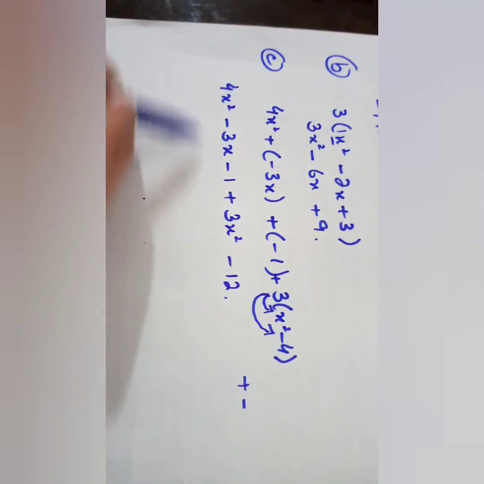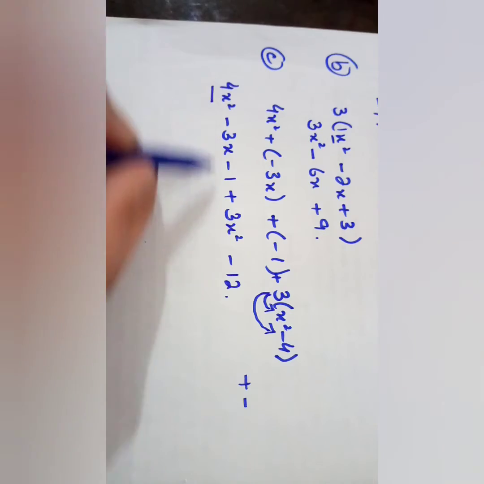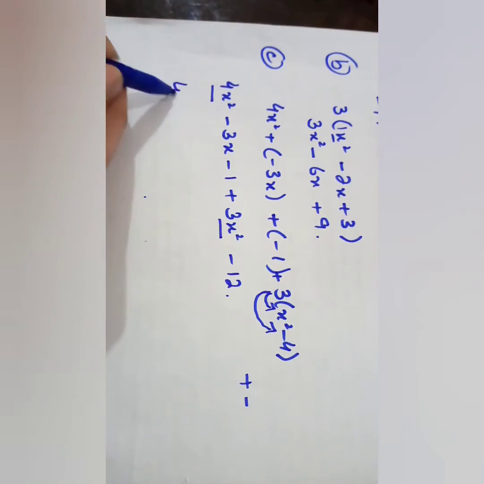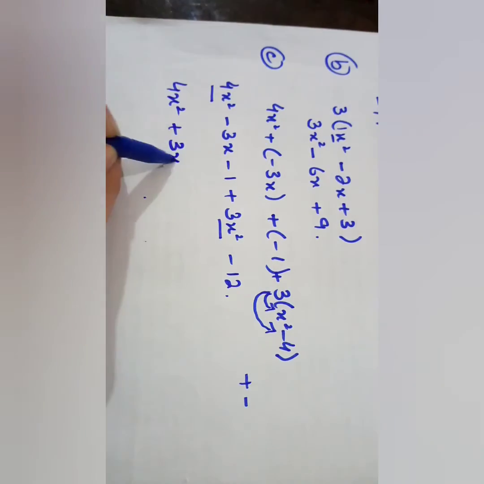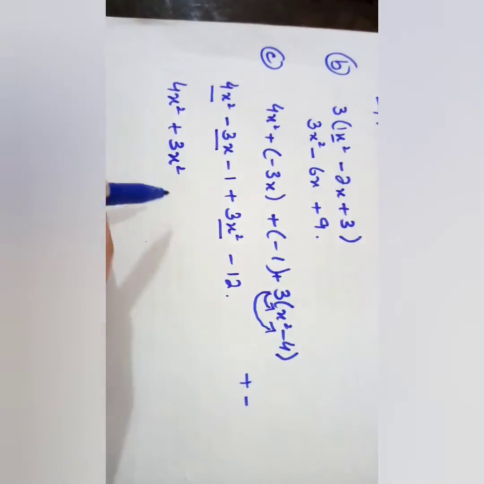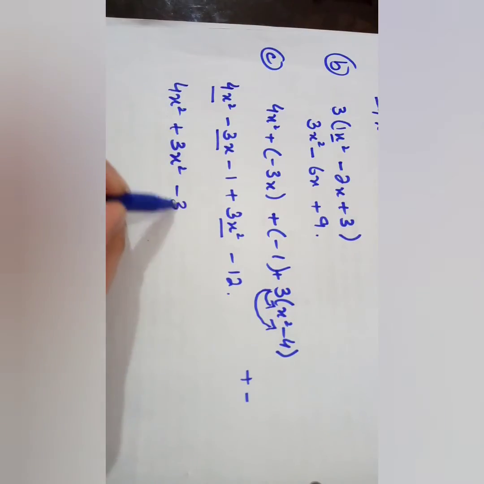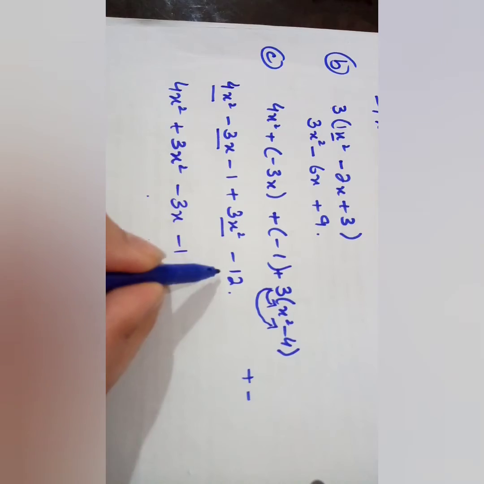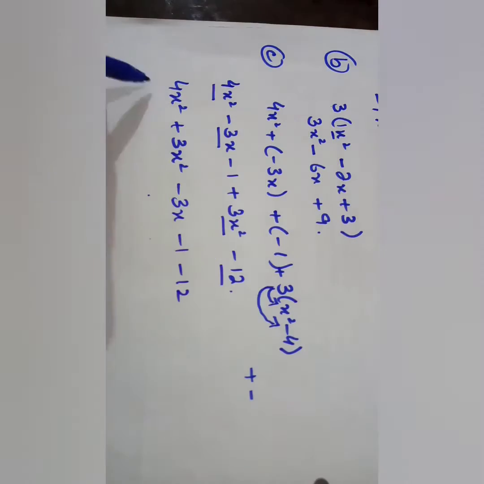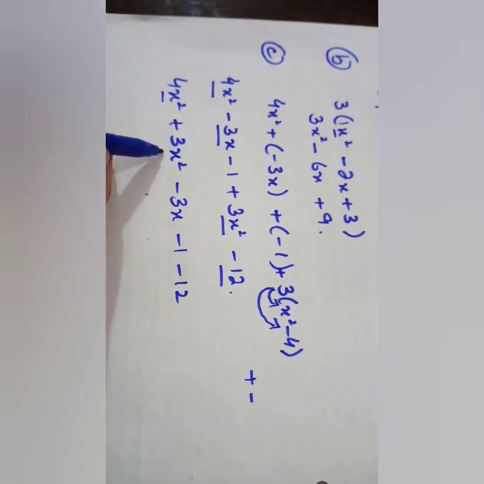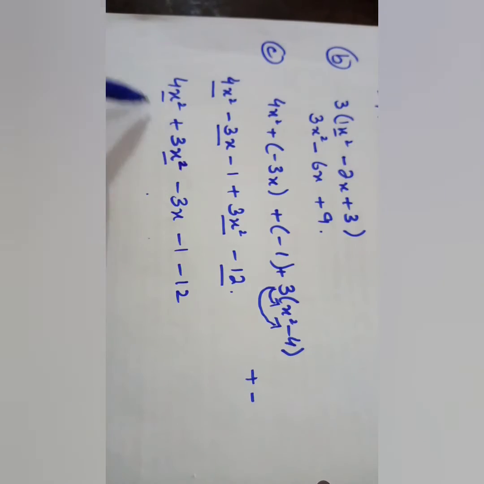Now write down the terms with the same variable, x square, x square. So 4x square plus 3x square. Now we have only one term with the variable x, minus 3x, and constants minus 1 and minus 12. Both variables are the same, so solve their coefficients. 4 plus 3, 7.